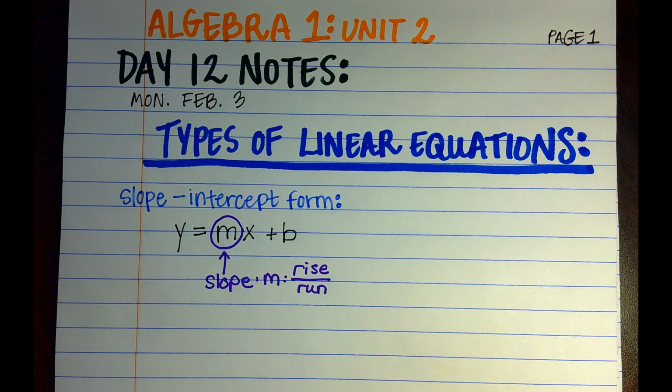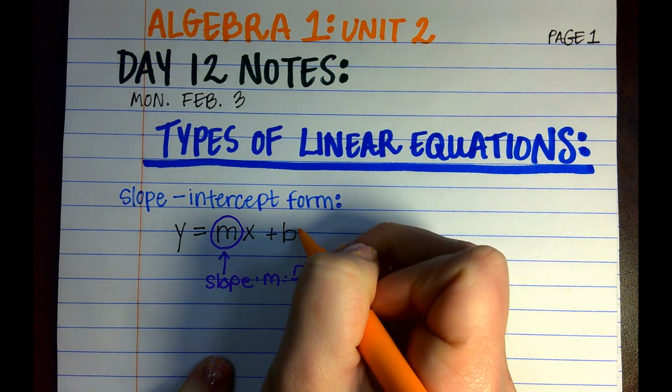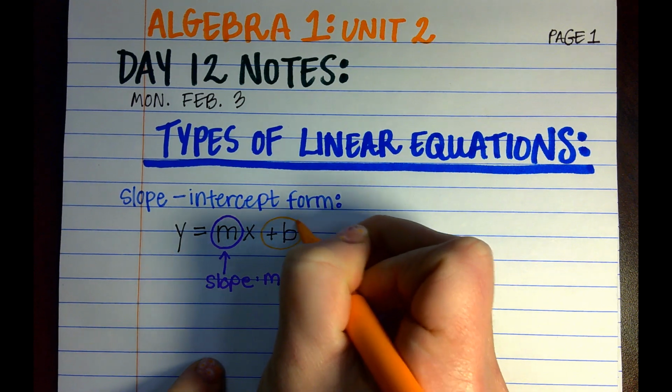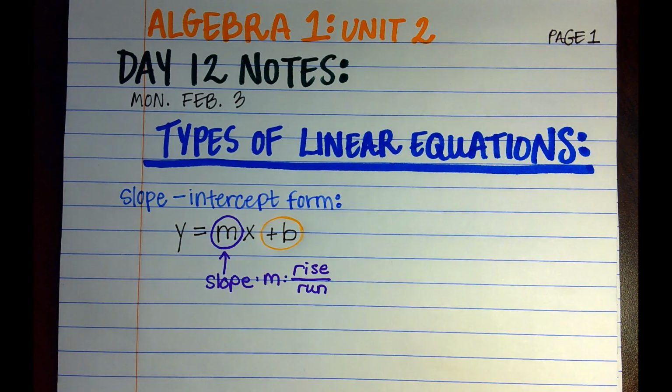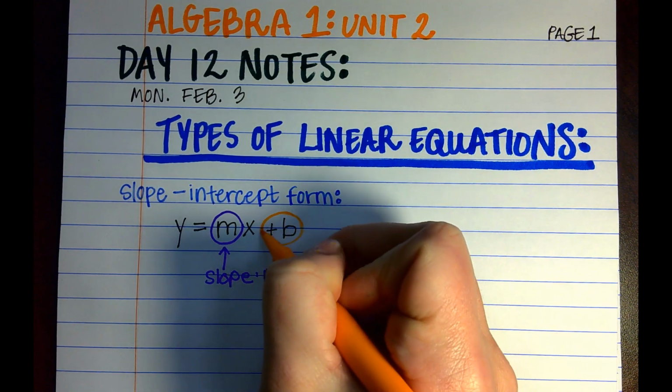And which variable gives us our y-intercept? B. Good. And I include the sign usually because that's going to tell us whether we are starting in the positive y direction or the negative y direction. We've got slope there.